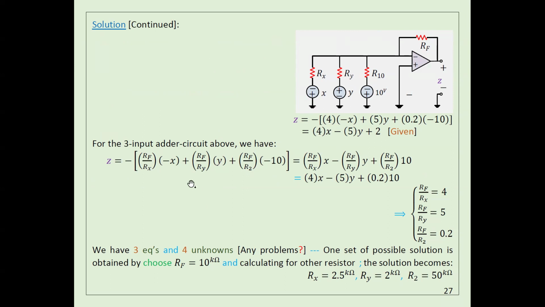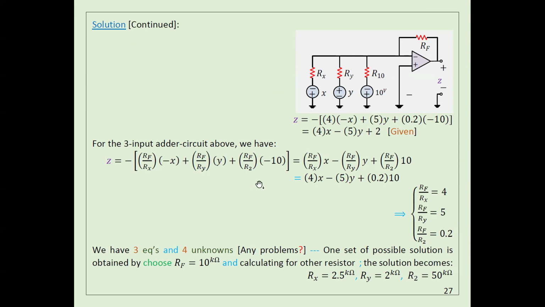So now all I have to do is see what values I have to select for the resistors, so that this circuit gives me here 4, gives me 5, gives me 0.2. Okay, so that means RF divided by Rx should equal 4, as you see here. RF divided by Ry should equal 5.